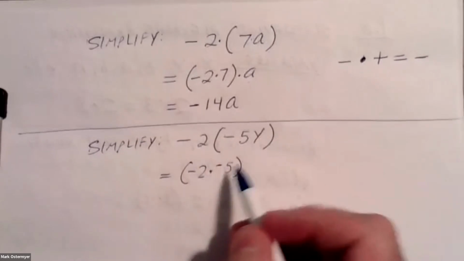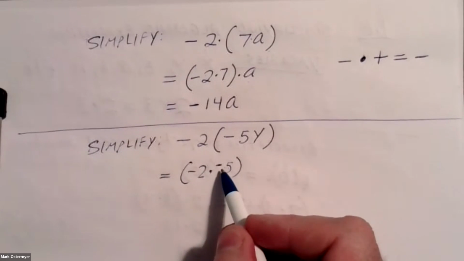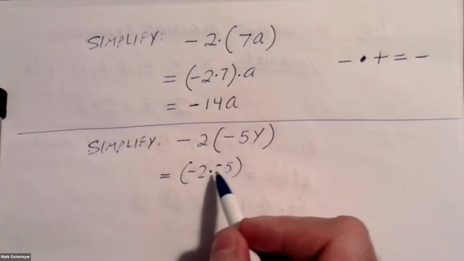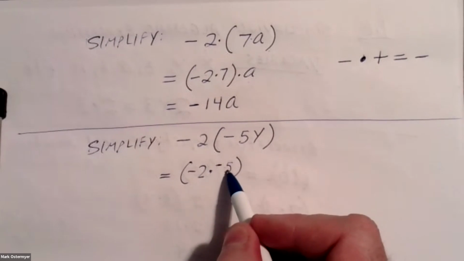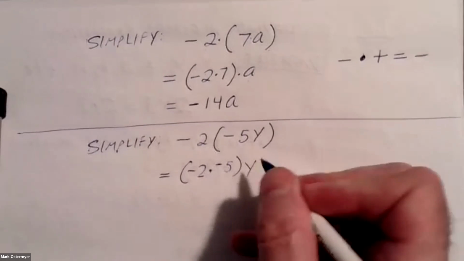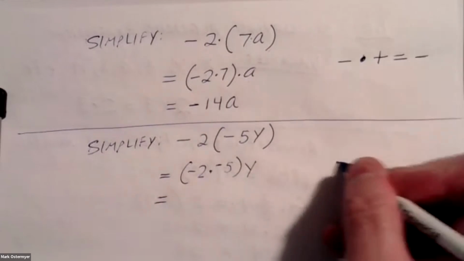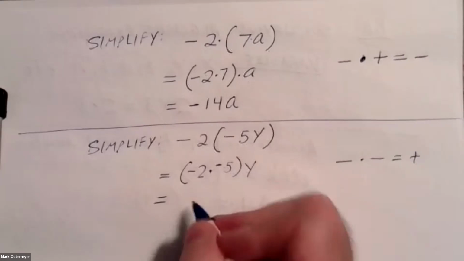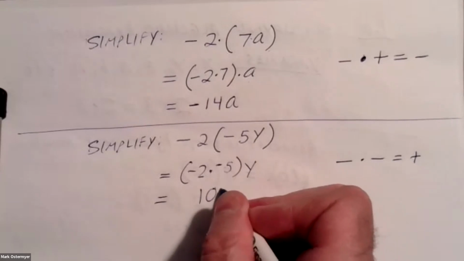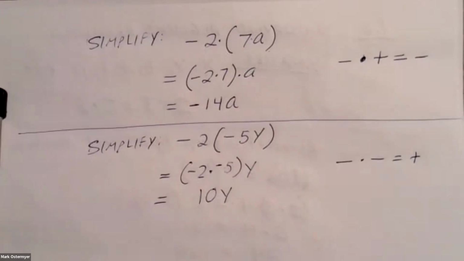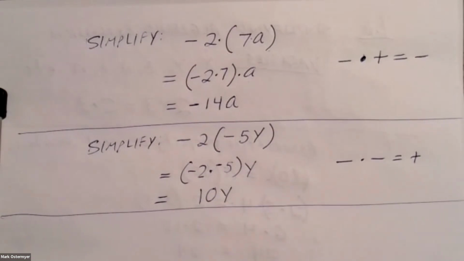Notice that in my multiplication, I elevate this little negative sign so it doesn't look like -2 subtract 5. It's -2 times a -5 times a y. What's a negative times a negative? A positive. Always a positive. So -2 multiplied by -5 would be a +10. And 10 times y is 10y.